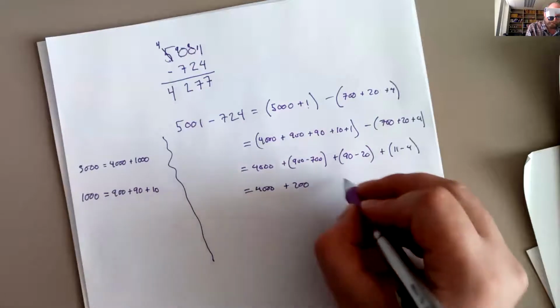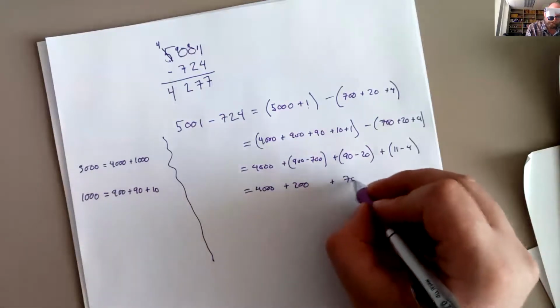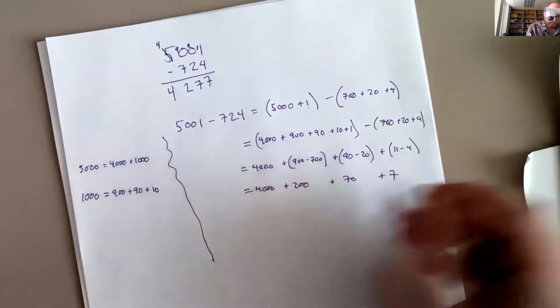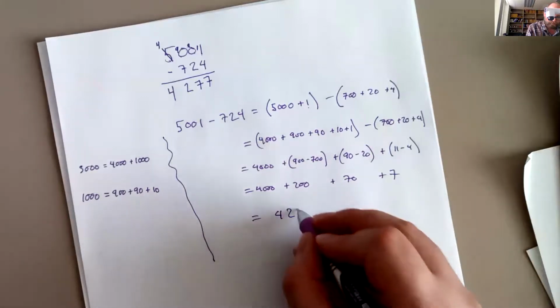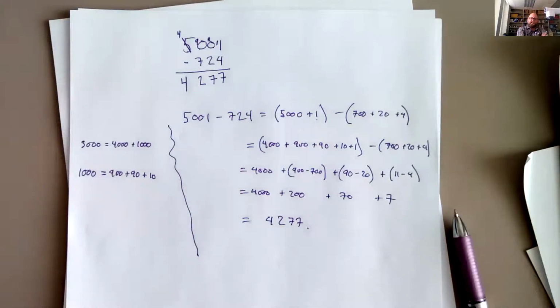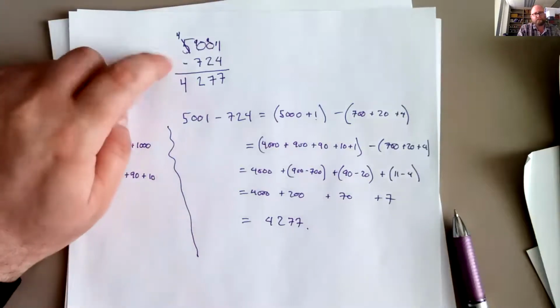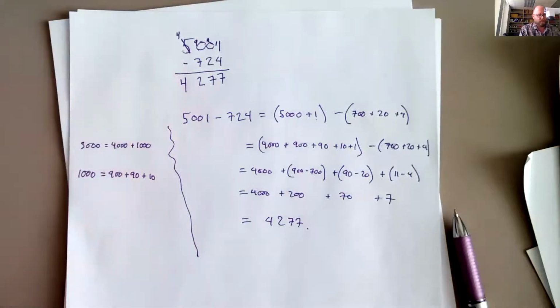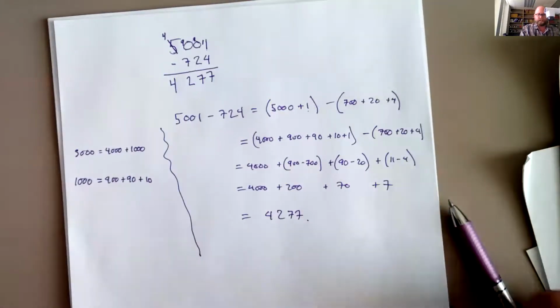That's 4,277, just as we got above. Okay, so it's definitely more complicated. But just using the algorithm makes it fairly straightforward.